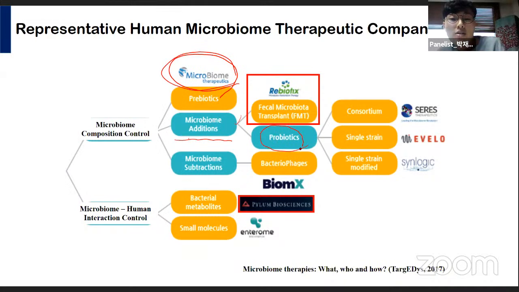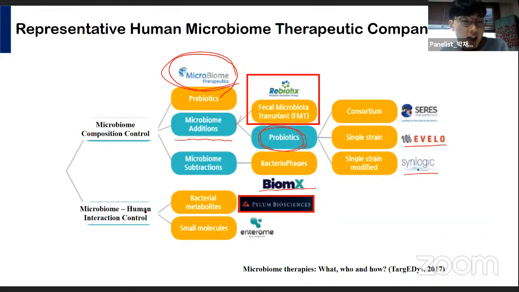And also one of the big issues is that if we find a good bacteria, then we need to be able to culture the single strain so that we can introduce only that bacteria but not others. So the companies called Evelo and Synlogic are trying to do that. And also you can subtract the microbiome, the harmful flora of bacteria. And a company called BiomX is actually trying that.